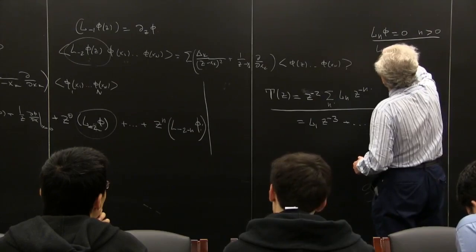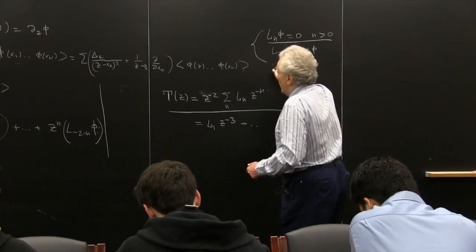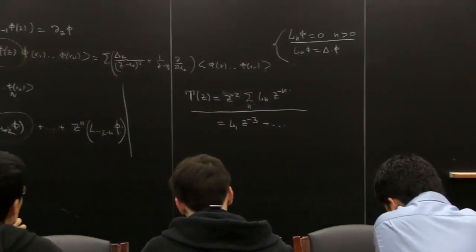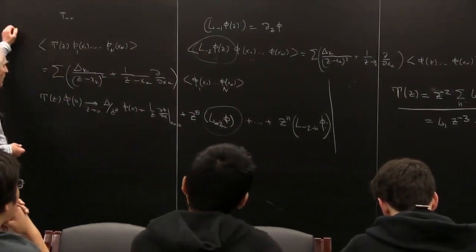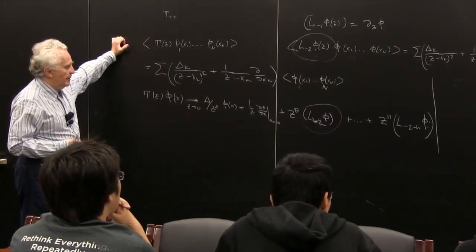L_0 phi is delta phi. If the operator is not primary, then we indeed will get such terms. What would be the simplest example of a non-primary operator?